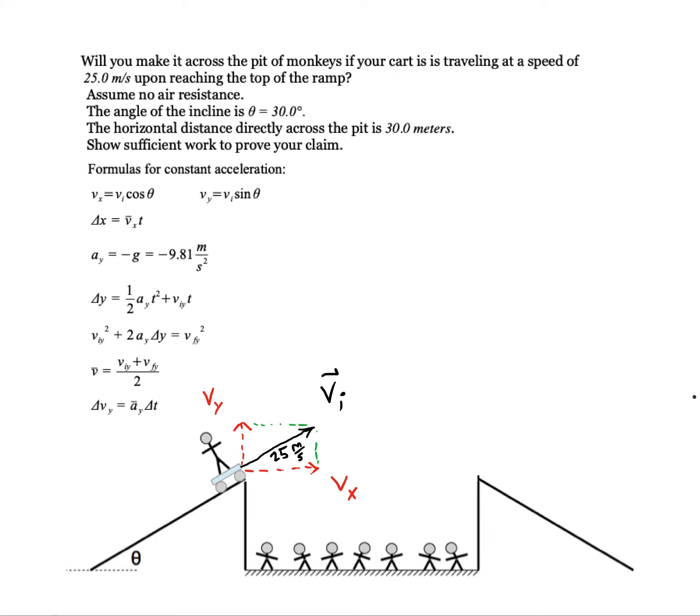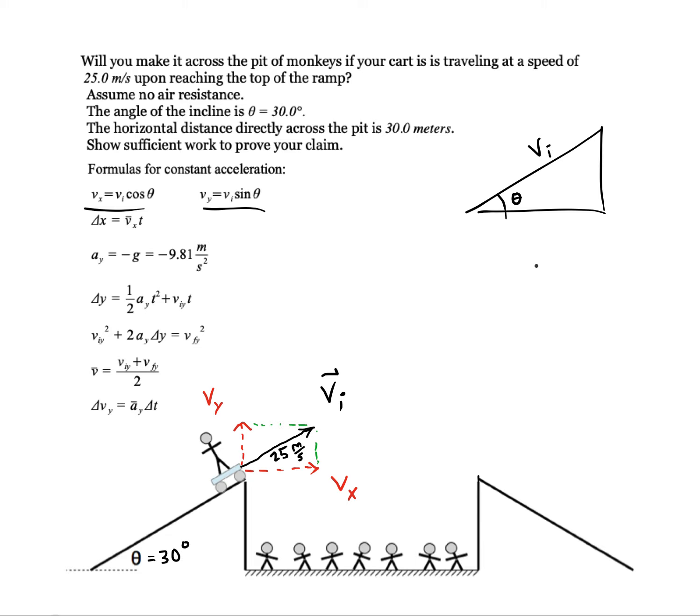All right, so we got to use a little trig to find those components. The ramp angle is theta. All right, and theta is, according to this problem, 30 degrees. All right, so we can find our components using these formulas. And you can see why we would use those if you look at the triangle of it. So we'll call this theta, and this is Vi.